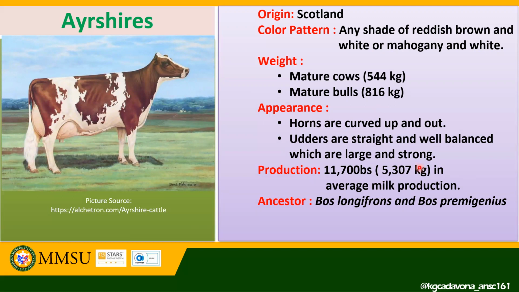Now for its milk production, the Ayrshires usually rank third among the 6 common breeds that I have presented to you, which produces around 5,307 kilograms on average per cow, and with 2 ancestors, mainly the Bos longifrons and Primigenus.